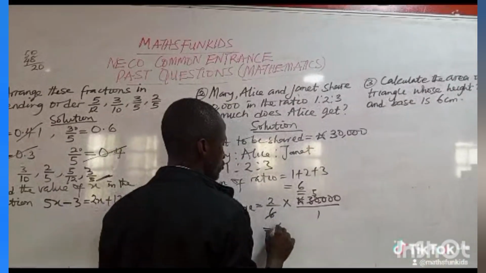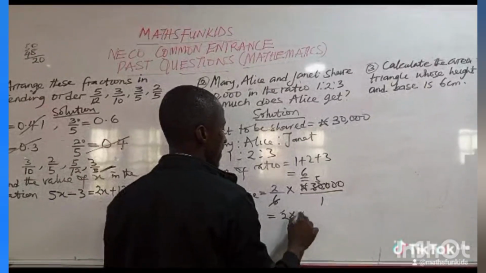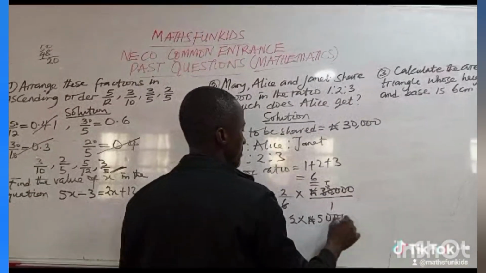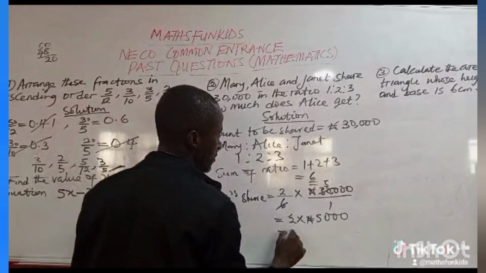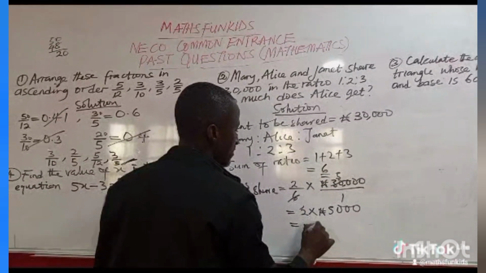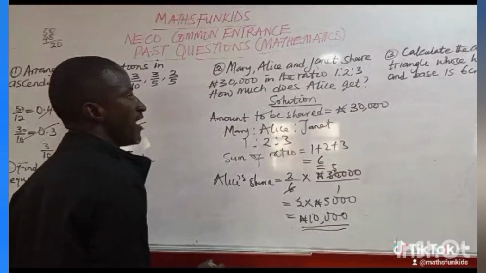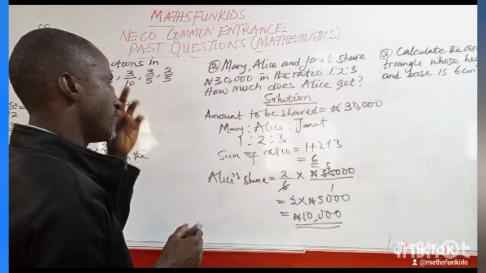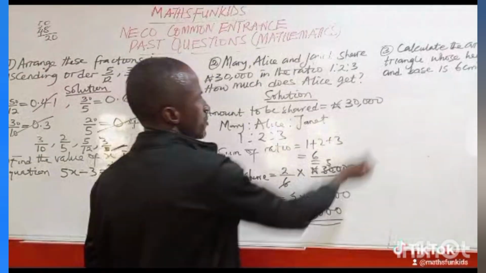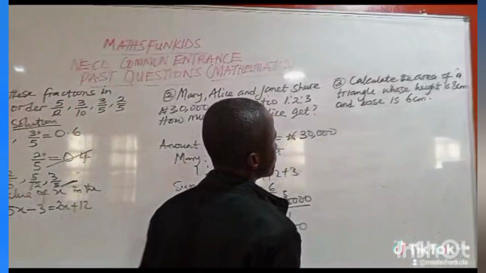So we have to multiply by 5,000 naira. And 2 times 5,000 naira will give us 10,000 naira. So from 30,000 naira, Alex should collect 10,000 naira.